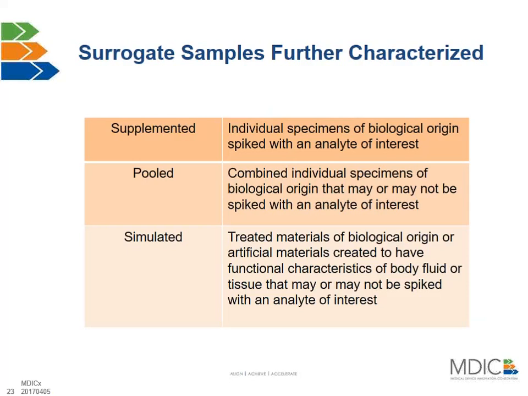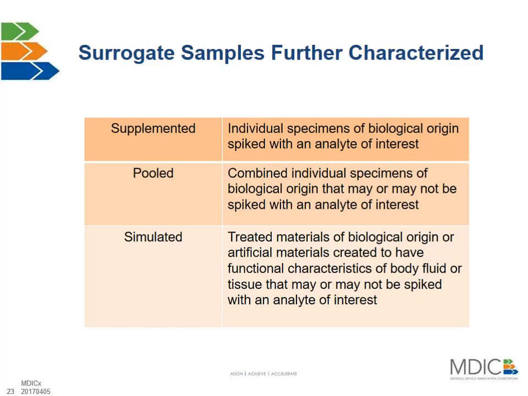Within this definition of surrogate sample, we further describe samples as falling into one of three categories. The first is supplemented, which means individual specimens of biological origin spiked with an analyte of interest.